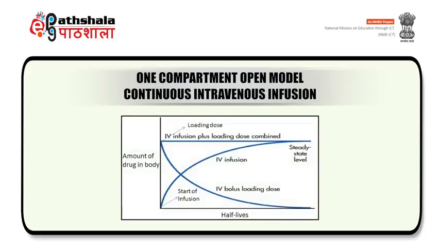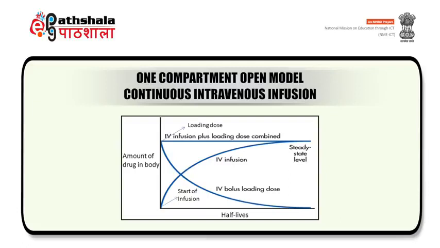In the graph, the amount of drug in the body plotted against half-life shows the IV infusion plus loading dose combined. The IV bolus loading dose is decreasing with respect to time, whereas the IV infusion amount of drug is increasing with respect to time.